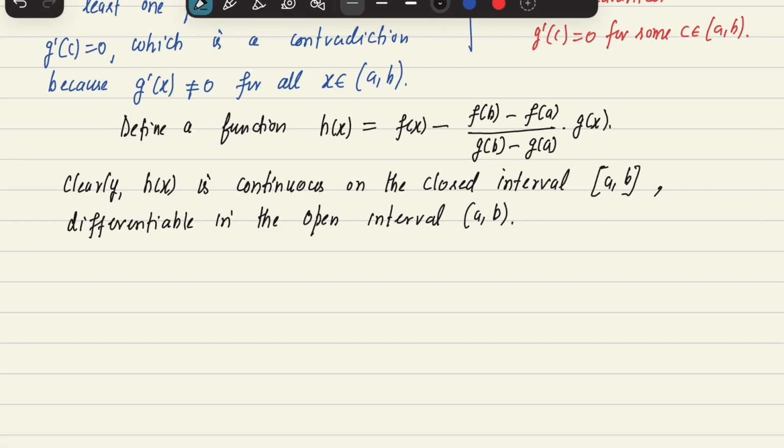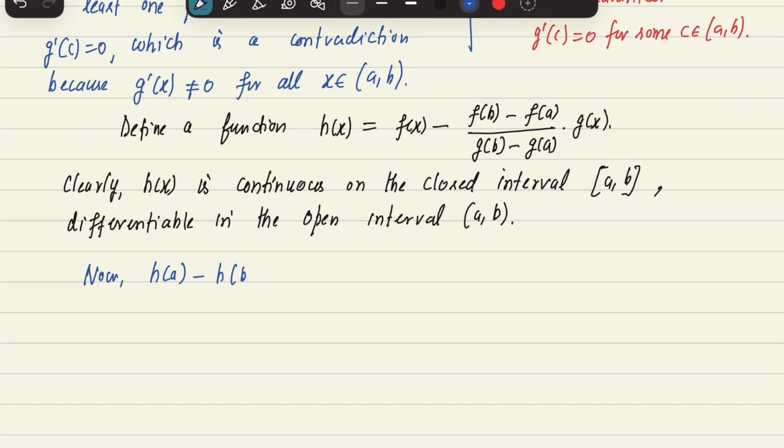Now let's evaluate the value of h of a and h of b. In fact, we shall try to prove that h of a is equal to h of b, so that all three conditions of Rolle's theorem are satisfied by the function h of x, and then we can conclude the proof using Rolle's theorem. Now let's evaluate h of a minus h of b.